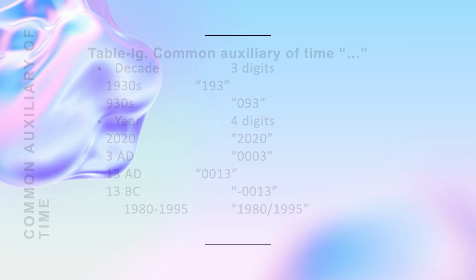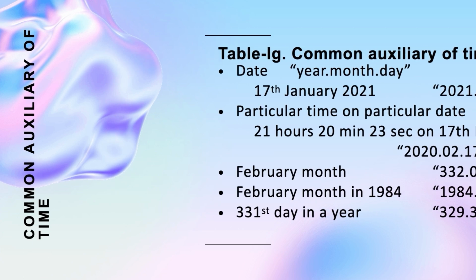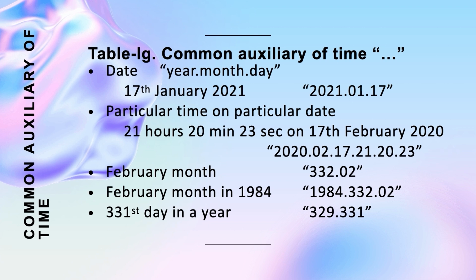You see some other examples. In case of a date, we will use the year in 4 digits, then dot, month in 2 digits, and then dot, day in 2 digits. The example is 17th January 2021. So, we will use 2021.01.17 within double quotation marks.